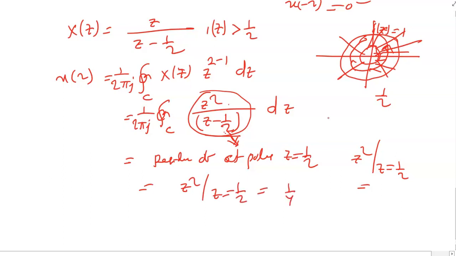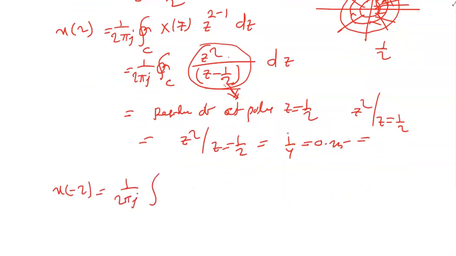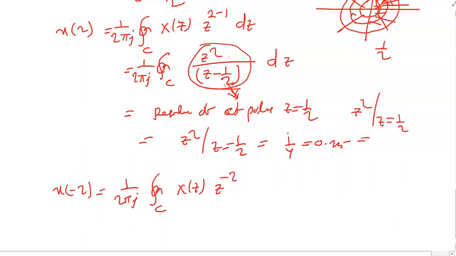So that is 1 upon 4, 0.25. Clear? Now we need to find x of minus 2. Same 1 upon 2 pi j contour X(z) z to the power minus 2 minus 1 dz.